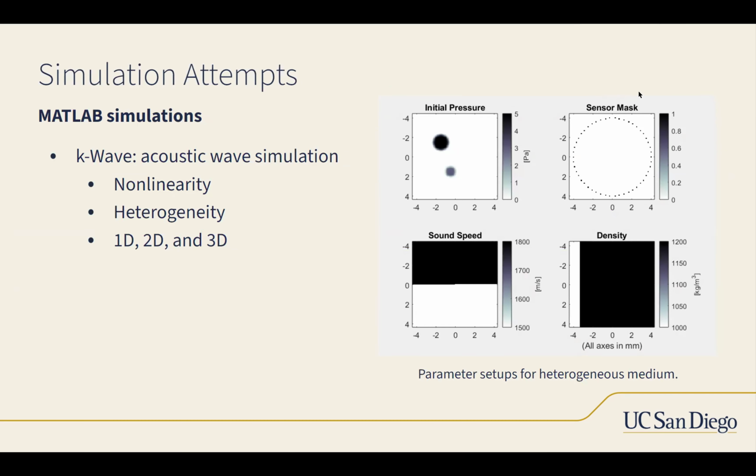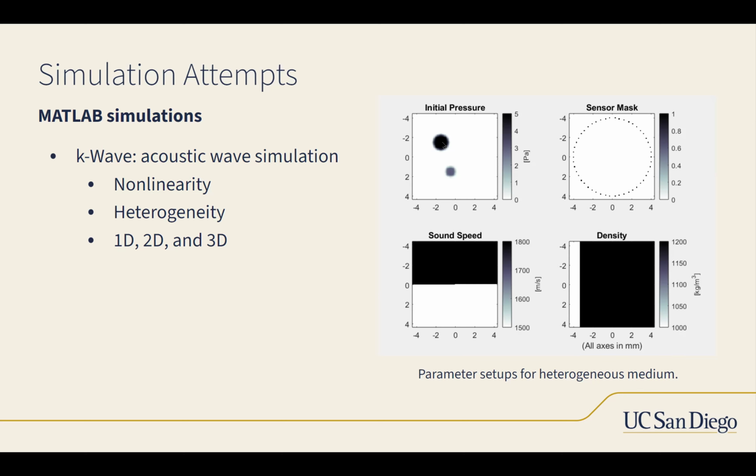And so now I'm going to talk about my simulation attempts. I originally wanted to use Python, but I found this toolbox with MATLAB, which does acoustic wave simulation that also takes nonlinearity and heterogeneity into account. It does one-dimensional, two-dimensional, and three-dimensional simulations. So on the right are some of the parameters set up for this two-dimensional heterogeneous medium that I did.